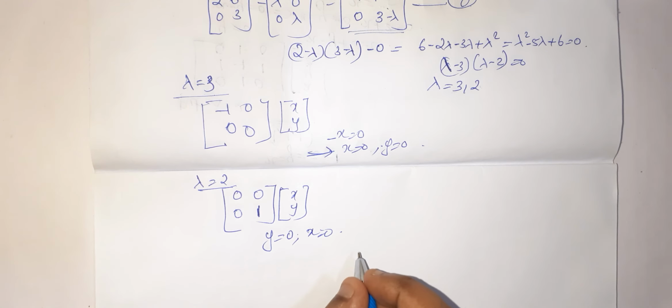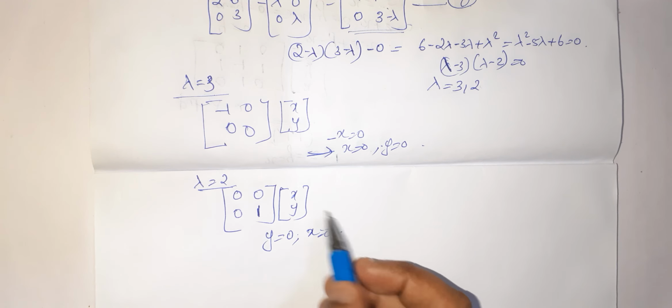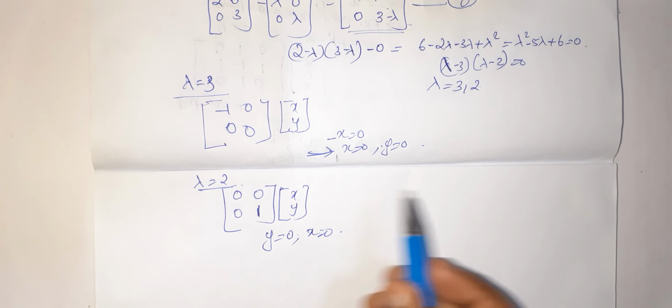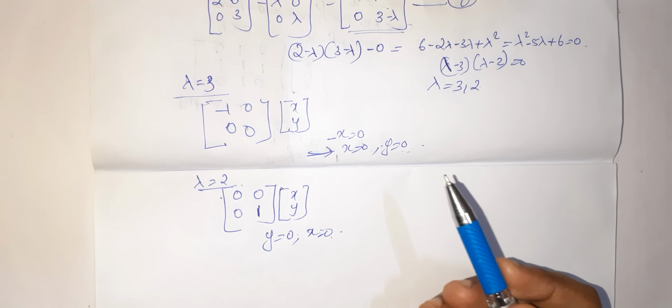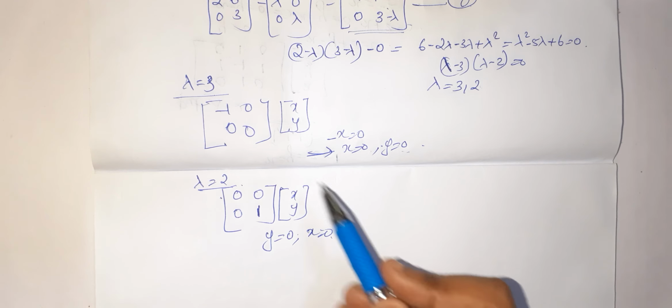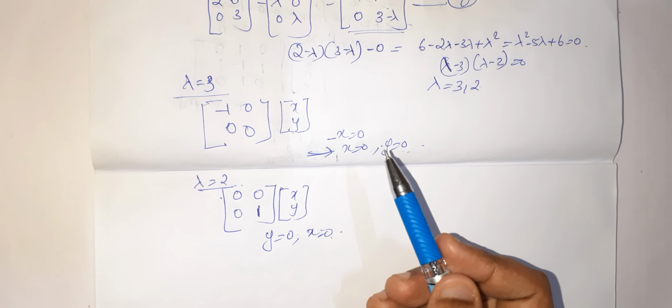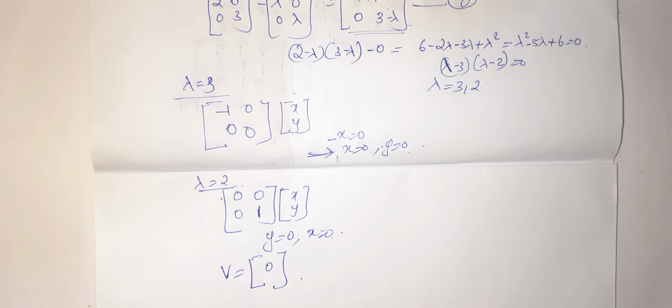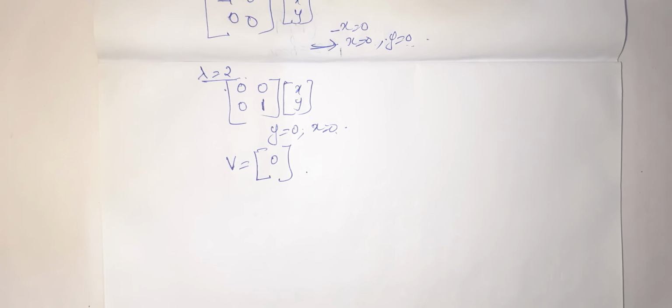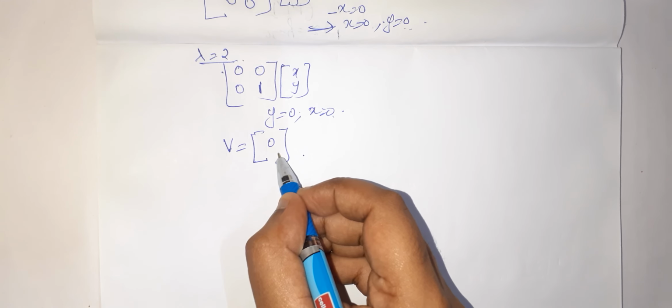Here also there are no eigenvectors corresponding to lambda equal to 2. Therefore, since there are no eigenvectors corresponding to the lambda values, we don't have to find the unit eigenvector matrix, and therefore the matrix V will be a 0 matrix.